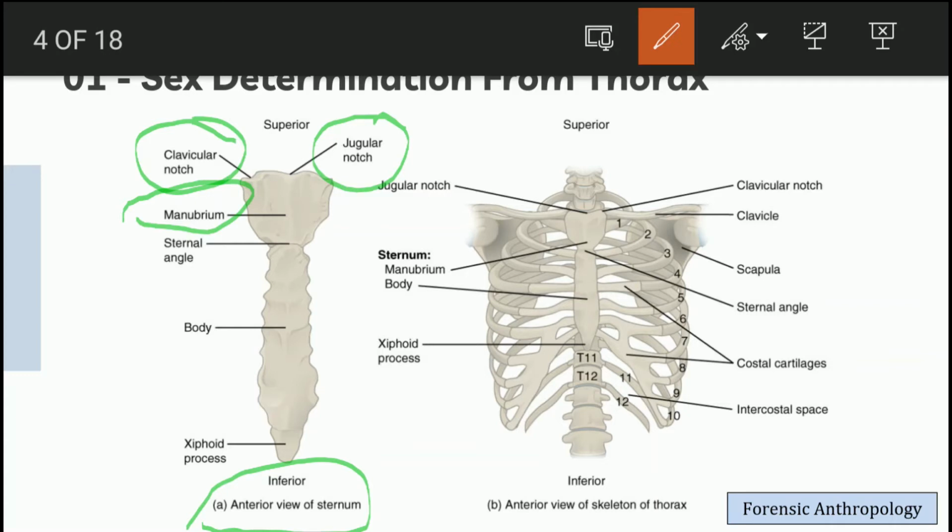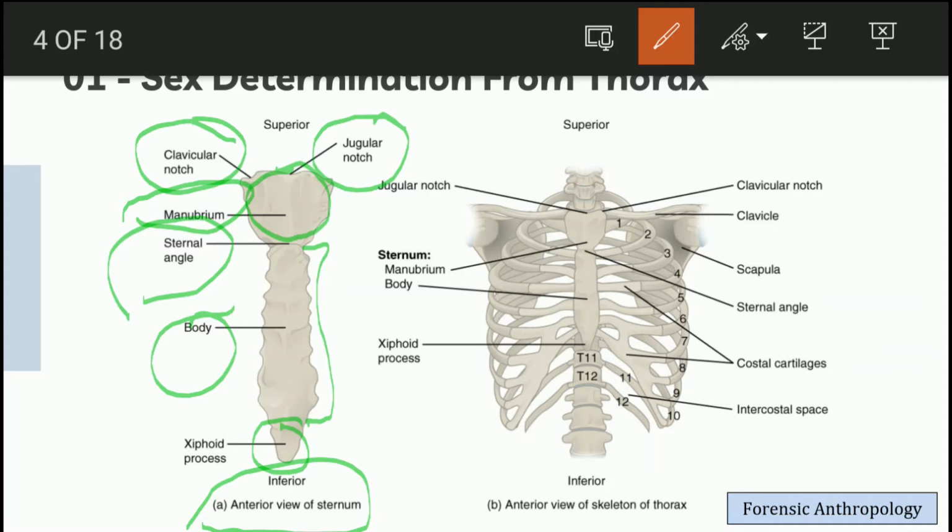After the manubrium is the sternal angle, a joint formed by the articulation of the manubrium and the corpus sterni, or body of the sternum. Then after the sternal angle there is the body of the sternum, or corpus sterni, and at last the xiphoid process.